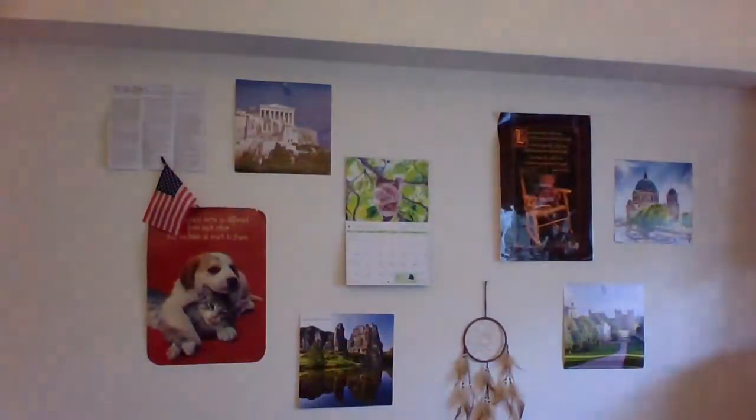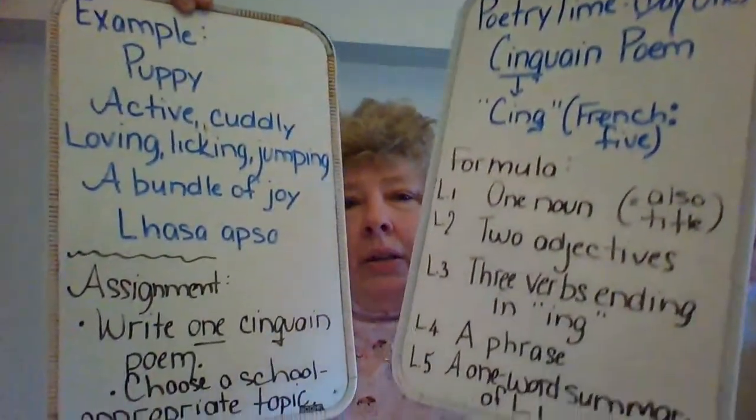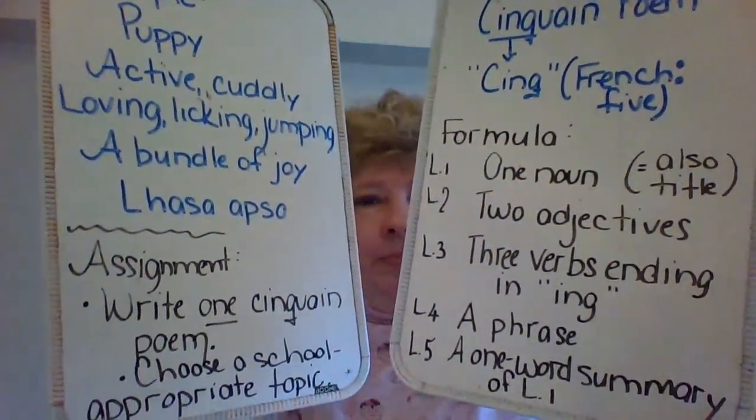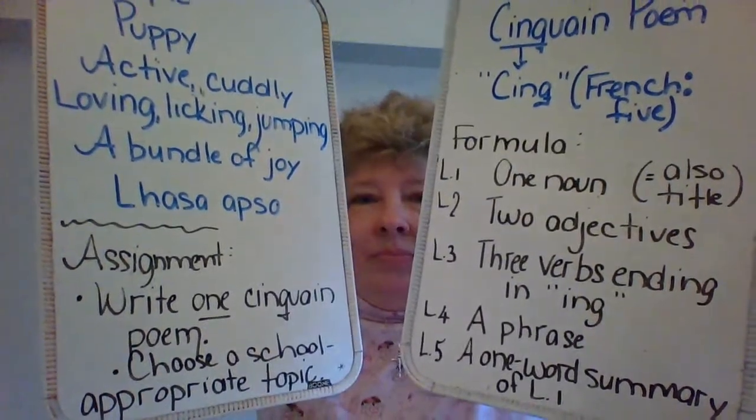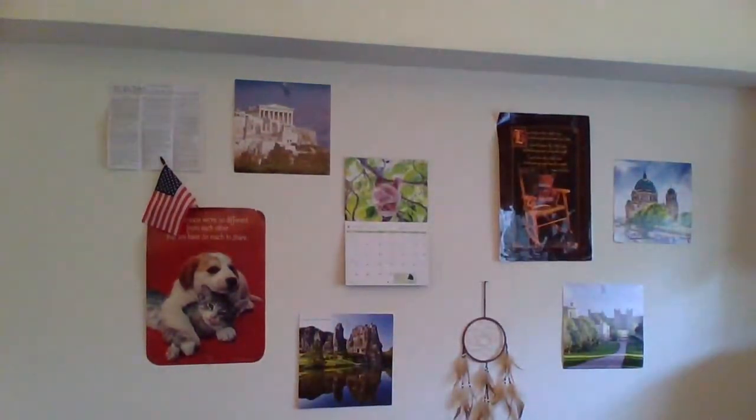So, once again, here we go. Okay. If you do have any questions, or you get stuck, you're going, oh, I can't do it, Miss Faust. Please email me. You know how to reach me. I'll be happy to help you with this poem. But it really can be very simple.